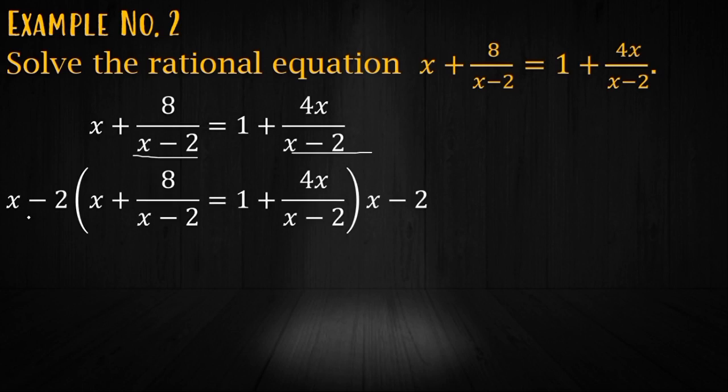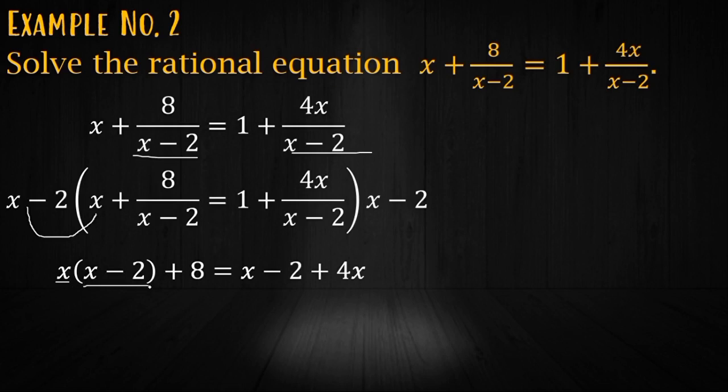Okay? So we'll have this. x minus 2 times x is x times the quantity x minus 2. I did not proceed by multiplying them right away. I just simply write them as this to avoid confusion. Then x minus 2 multiplied by 8 over x minus 2, this will be cancelled. That's why you only have 8.